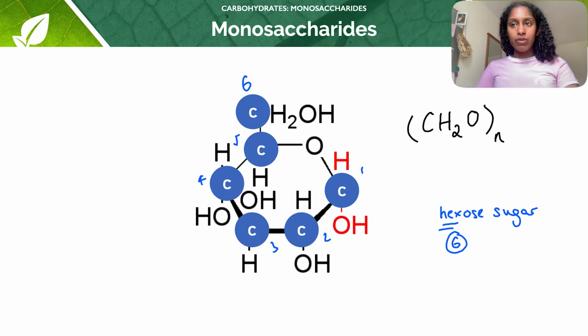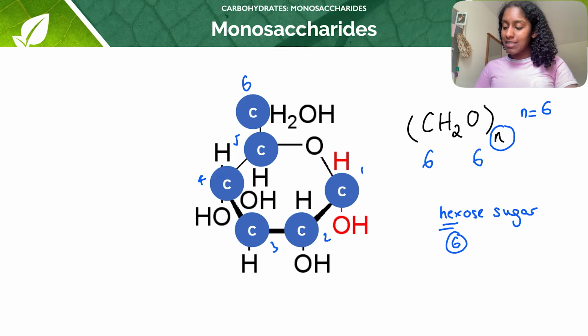So let's have a think about what this actually means. We know there are 6 carbons, so that means N equals 6. That means there are also 6 oxygens, which means there are 6 times 2 hydrogens, so 12 hydrogens. Let's see whether that's right. We've got our 6 carbons.